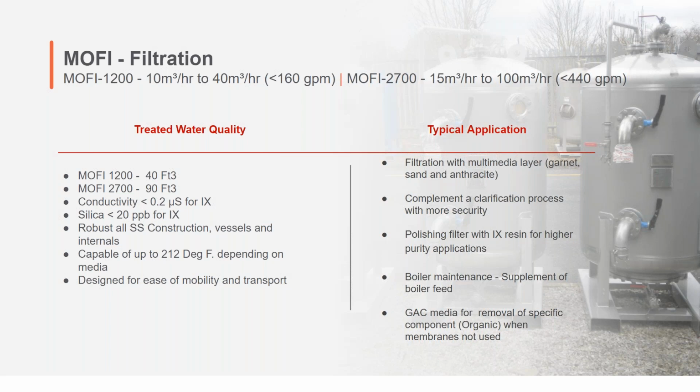They're a very robust stainless steel construction, capable of high temperature applications like perhaps hot water softening or condensate polishing. But keep in mind, some medias will have a temperature limitation much lower than 212 degrees Fahrenheit for like anion resin, for example, which will limit the application.